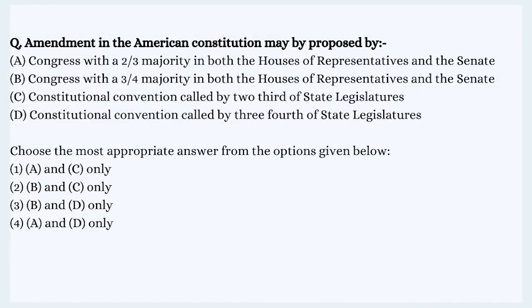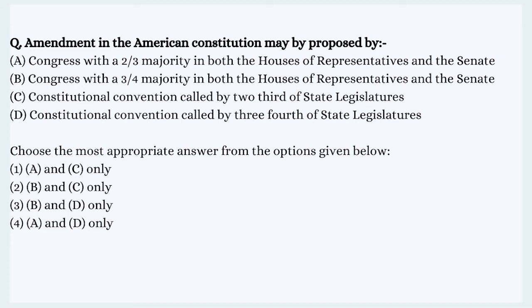Now the next one: the amendment in the American Constitution may be proposed by. Basically, before us we have got 4 statements, out of which you have to choose the correct one. This question is also related to the amendment procedure mentioned under Article 5 of the Constitution. You have to choose the correct authority which is required for the amendment of the US Constitution.